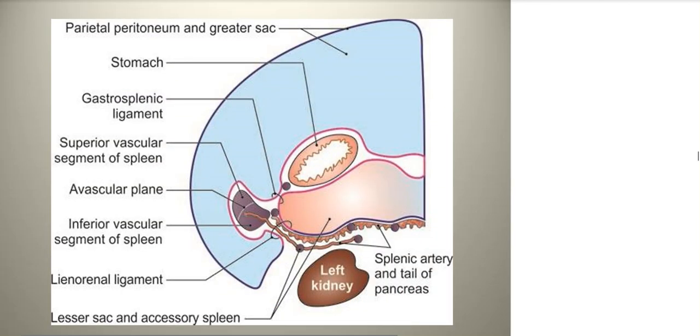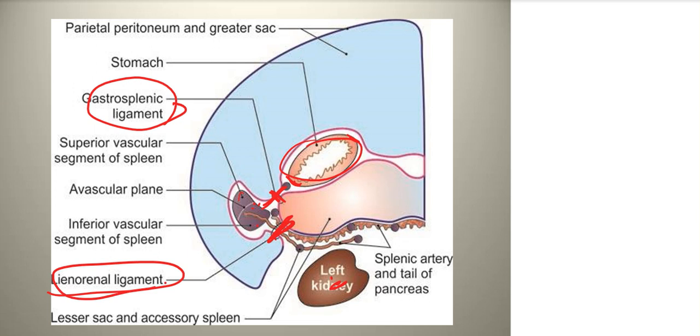In the image, we can see this is the stomach and this is the spleen. This could be the hilum of the spleen. This is the greater curvature and this is the lesser curvature. Between the greater curvature and the hilum of the spleen, there is the gastrosplenic ligament. This is the left kidney, and between the left kidney and the hilum of the spleen there is also a ligament called the lienorenal ligament.